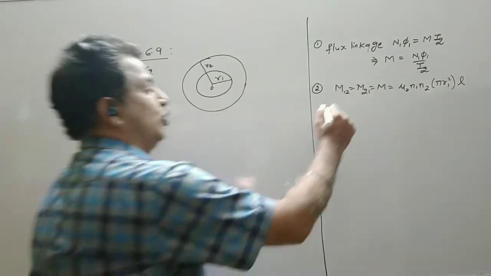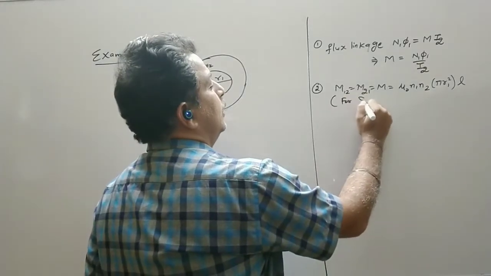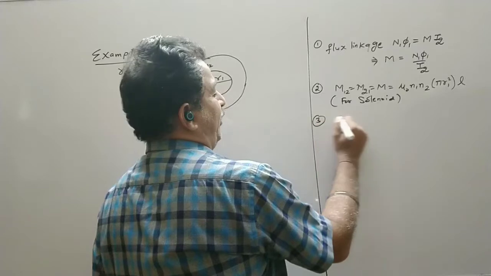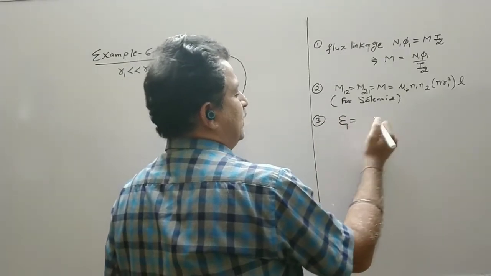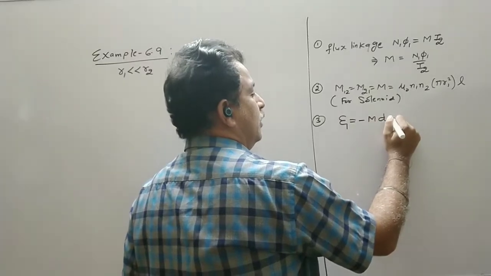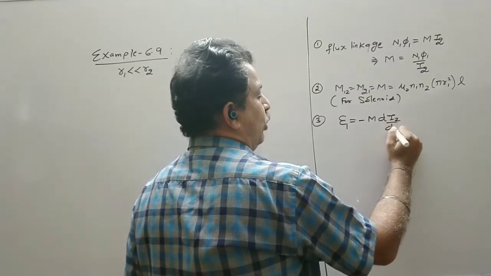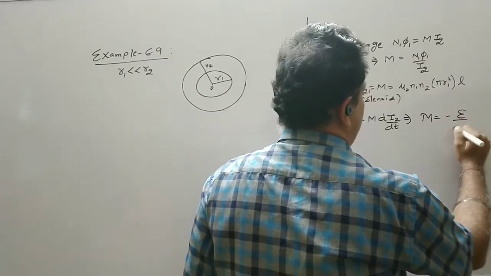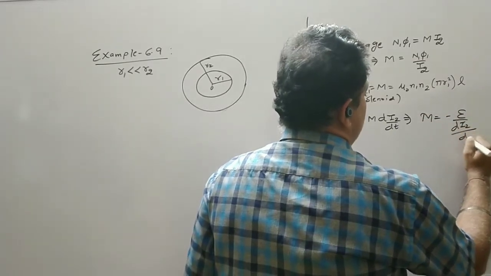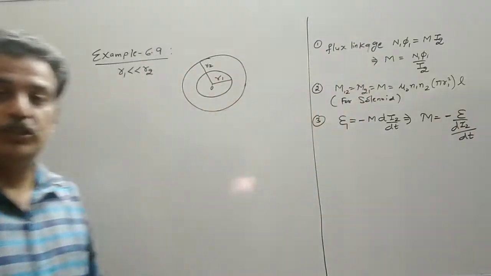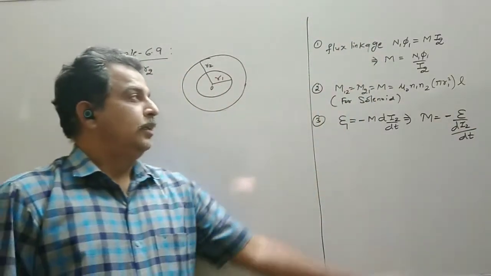This was for solenoids only. Then the EMF induced in any one coil, say coil 1, is -M d(I2)/dt. So M can also be written as -E / (dI2/dt). The minus sign, we will see, opposes the change.